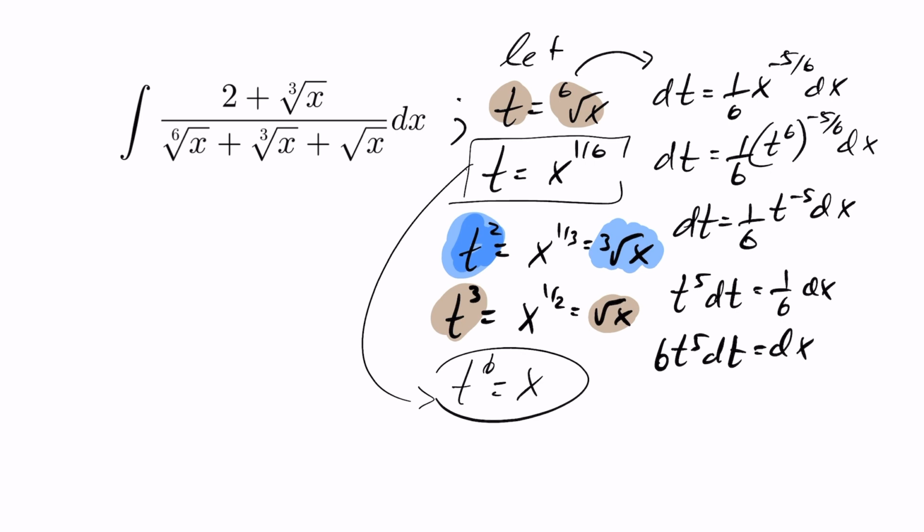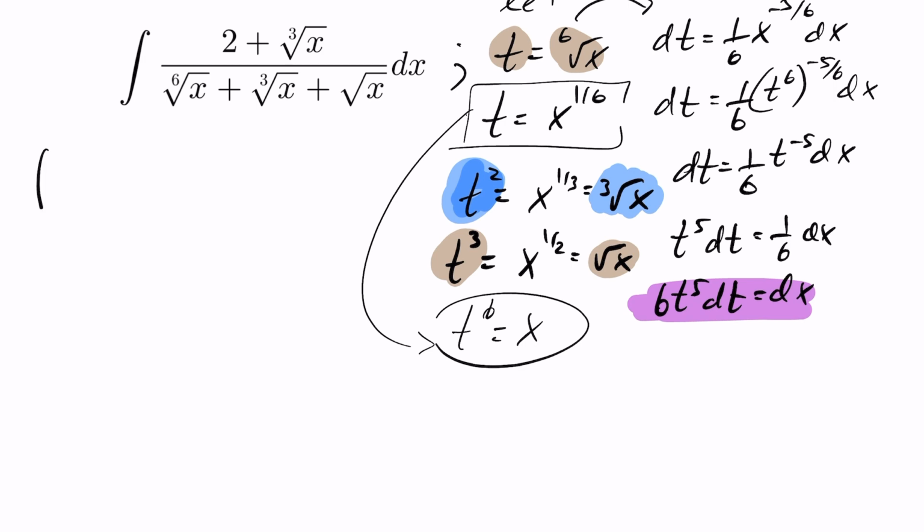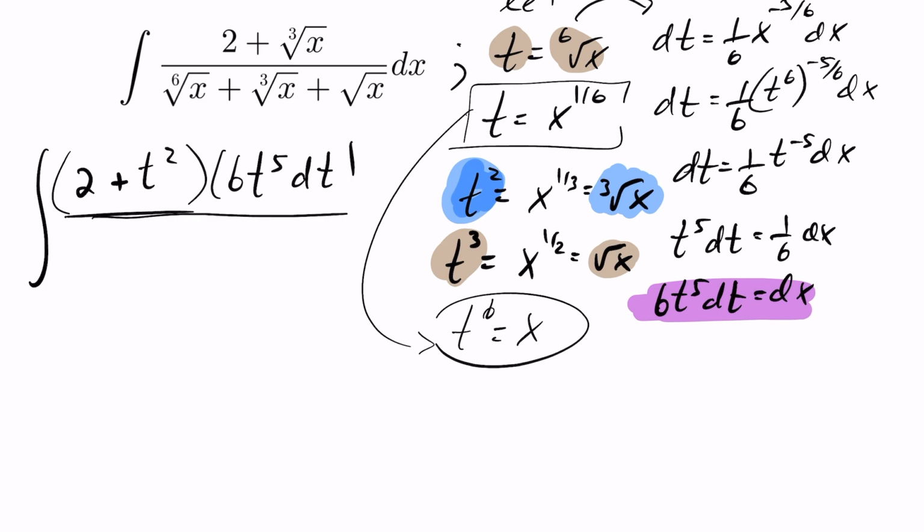So I can get rid of this dx and replace it with 6t to the power of 5 dt. So let's take a look at our new integral here. This will be the integral of 2 plus the third root of x, which we found out to be t squared. I'm now replacing dx with 6t to the 5 dt, and then replacing the sixth root of x with t, the cube root of x with t squared, and the square root of x with t cubed.